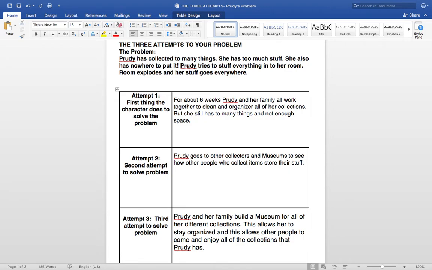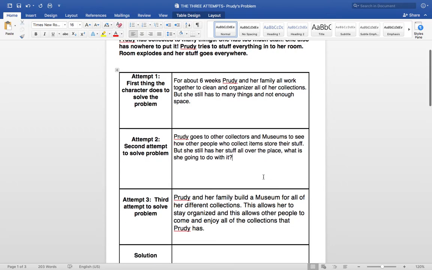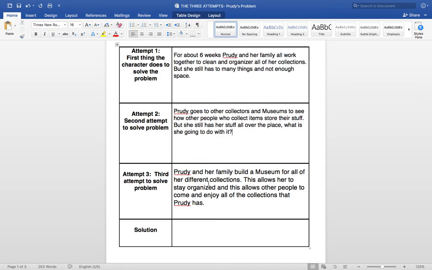Is her problem solved? No, it's not. She still has her stuff all over the place. What is she going to do with it? Then, in our third attempt, Prudy and her family build a museum for all of her different collections. This allows her to stay organized, and this allows people to come and enjoy all the collections that Prudy has.